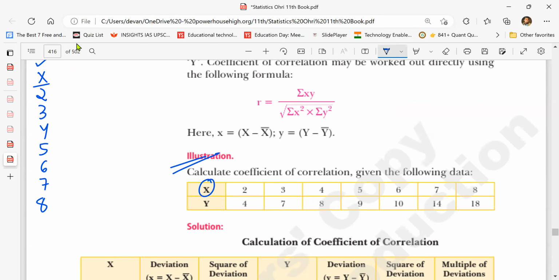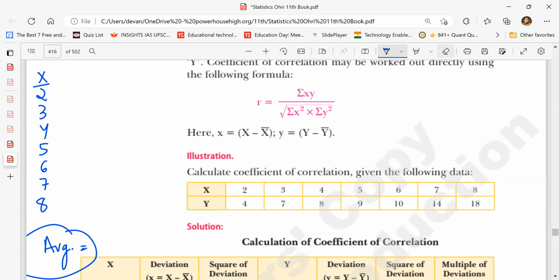And then you will calculate the average of that. How will you calculate the average of this data set? By using the formula R is equal to summation xy by... No, no, no. Average.